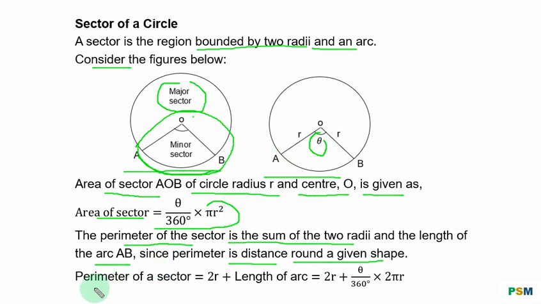Therefore, perimeter of a sector is equal to 2 times radius plus length of arc, given by this formula.